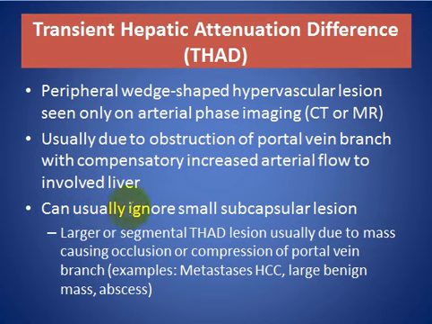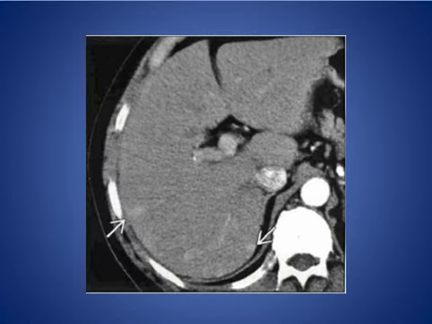You can usually ignore small subcapsular regions. Larger or segmental THAD lesion is usually due to mass causing occlusion or compression of the portal vein branch, for example metastasis, hepatocellular carcinoma, large benign mass or abscess, and sometimes even compression from the rib.